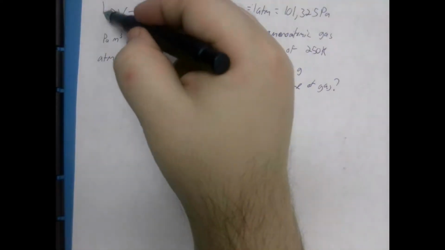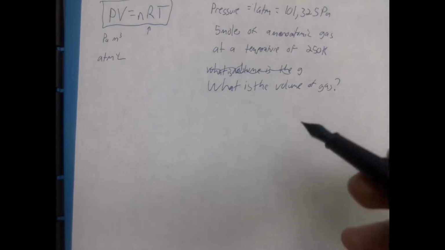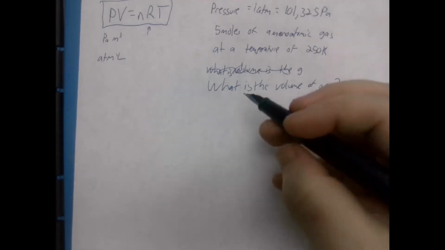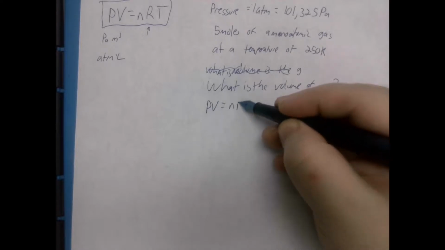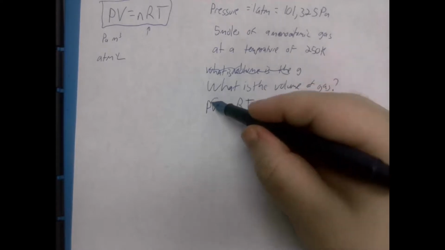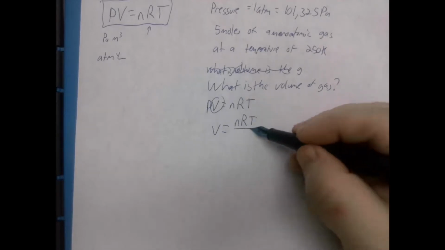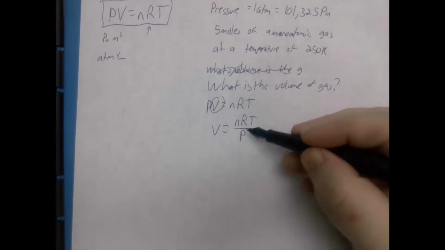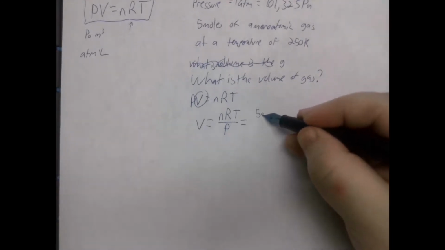You can use this equation for an ideal gas, and a monatomic gas is ideal. Or we'll assume all the gases are ideal. Thus, we can do PV equals nRT and solve for volume. Volume is thus nRT divided by P. So our number of moles is 5 moles.